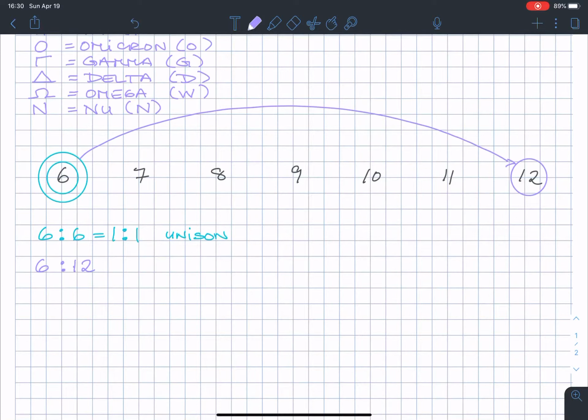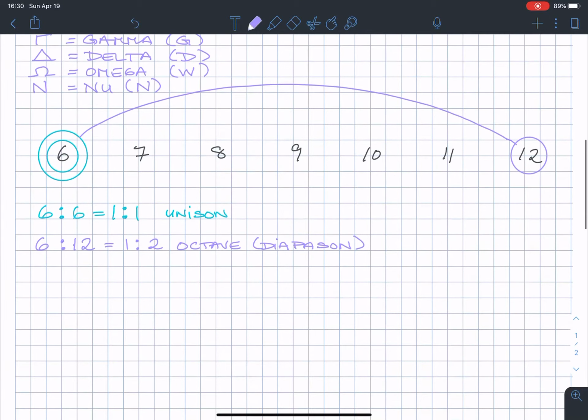But 6 to 12 is going to be the same as 1 to 2. And this is known as an octave. Octave, or in Greek, a diapason.